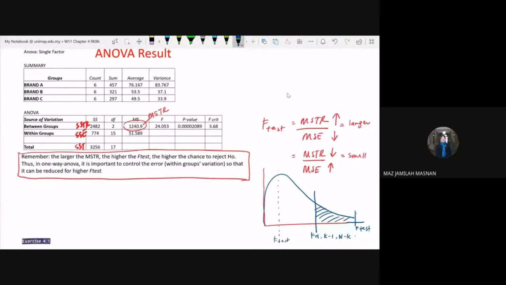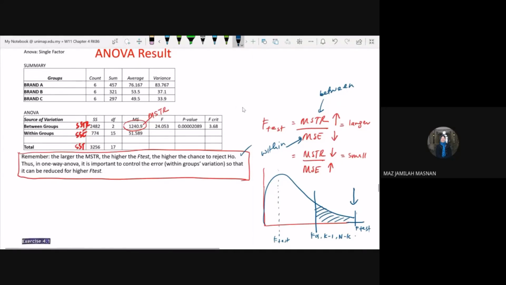We don't want this because we want to show that there is a difference, so we always wish to have this other position. Please remember this part. It will reflect your treatment error and within group variation error, so this is between group as opposed to within group variation. That is how your decision can be affected in terms of the F test.